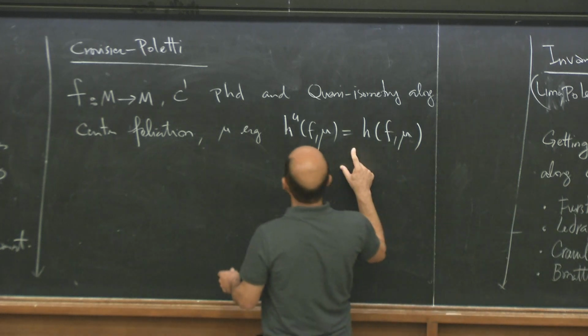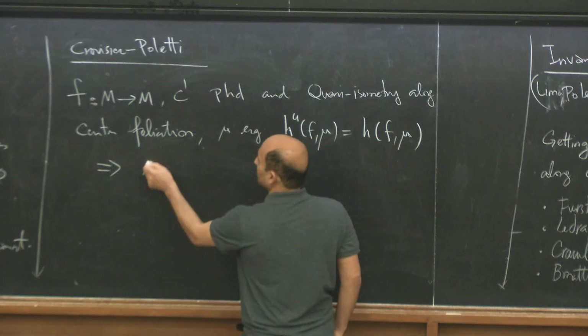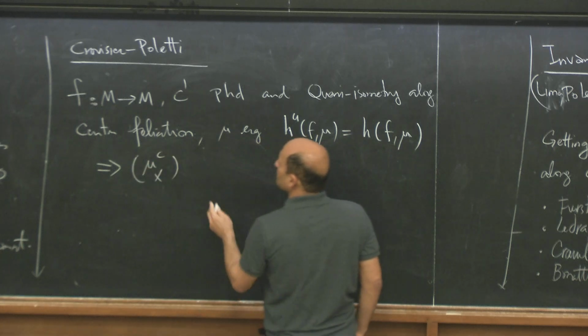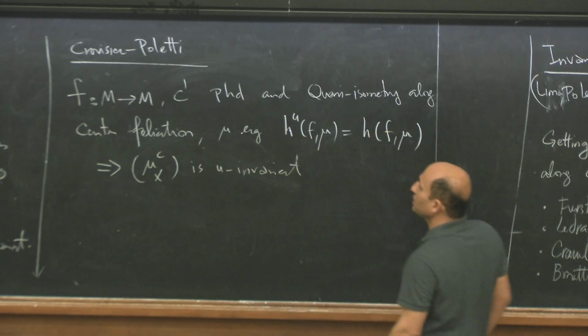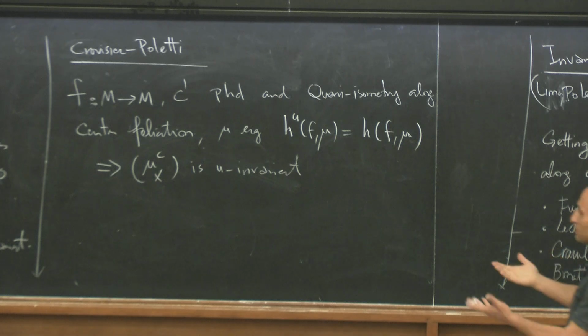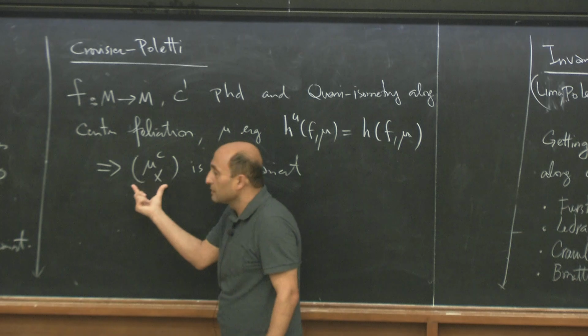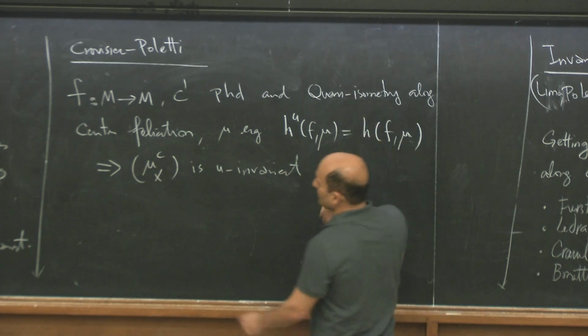What they prove is that in this case, you can conclude again that mu_x^c is U-invariant. Okay, so you should be careful to define what is disintegration along center leaves when your leaves are not compact or you do not have a measurable partition, but you always define these things projectively.